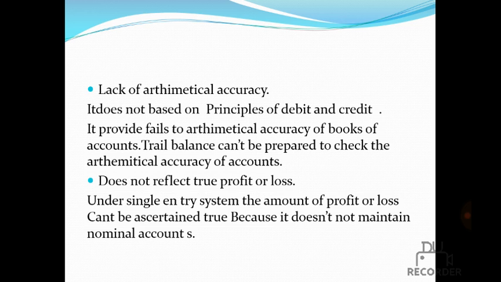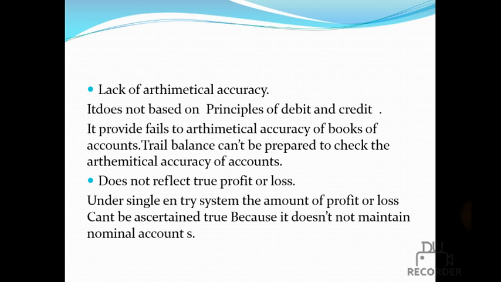But in a double entry system, every nominal account is prepared and can be forwarded into the trading and profit and loss account, the P&L account. In the trading account we maintain factory expenses, which are the expenses that occur in the factory, that is carriage inwards, oil, factory rent, factory maintenance charges.